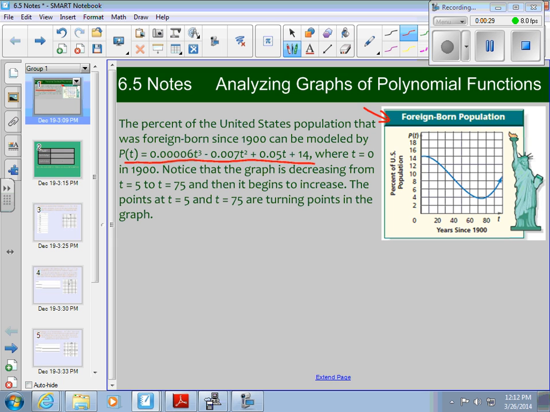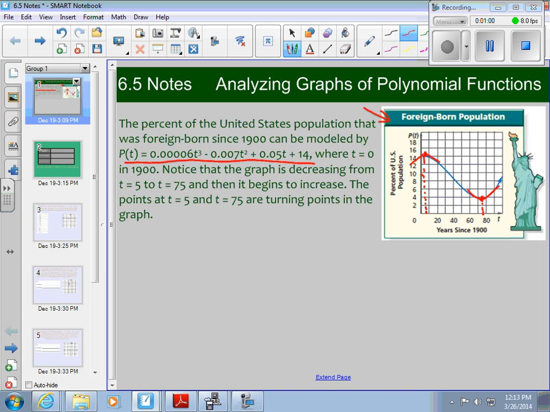Notice that the graph's decreasing from t equals 5, which would be 1905, until the year 1975, and then it begins to increase again. The points at 5, which is right here, and 75, right there, are called turning points because it changes from increasing to decreasing, and at this point from decreasing to increasing.